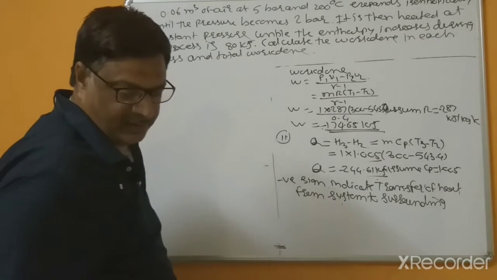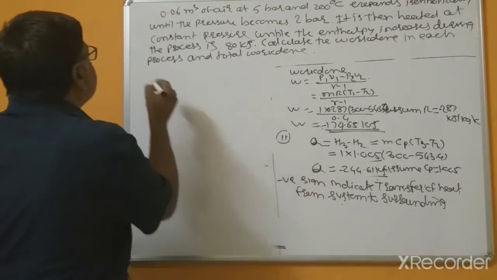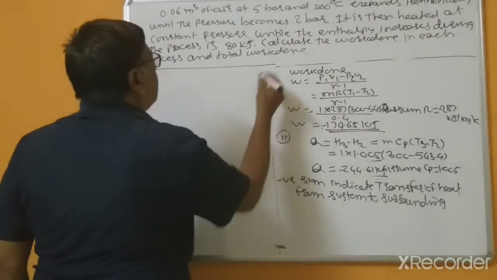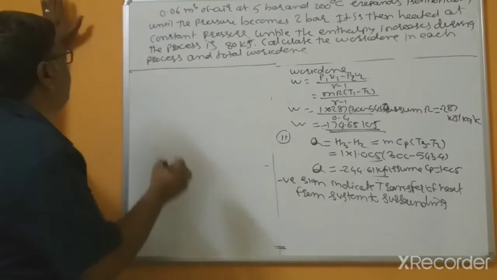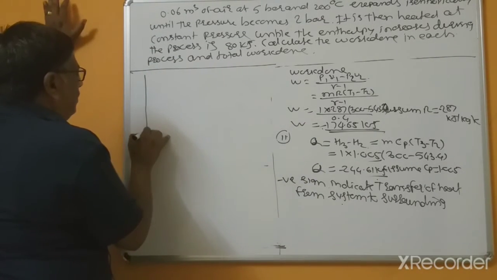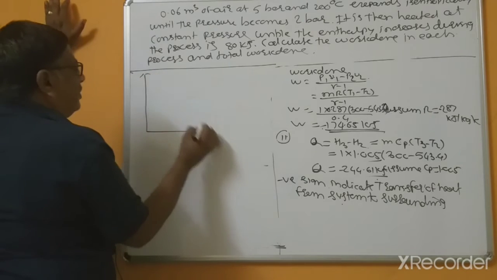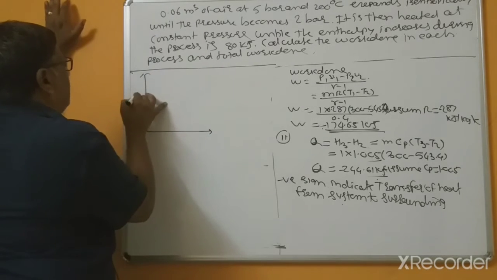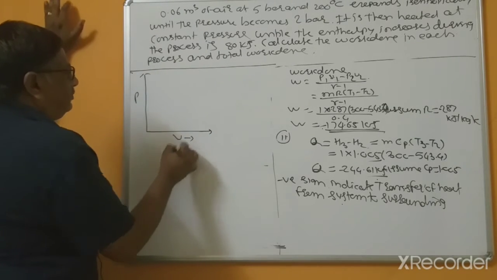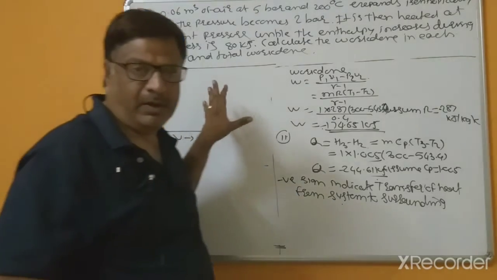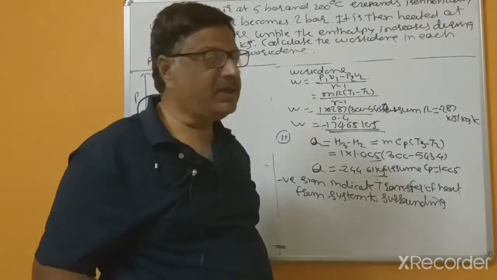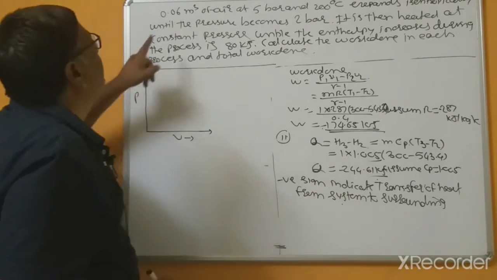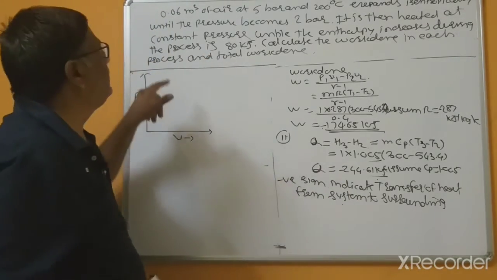First, I draw this process on the PV diagram. First, try to draw the process on the PV diagram, because by using this PV diagram you can easily calculate. Expands means volume increase.